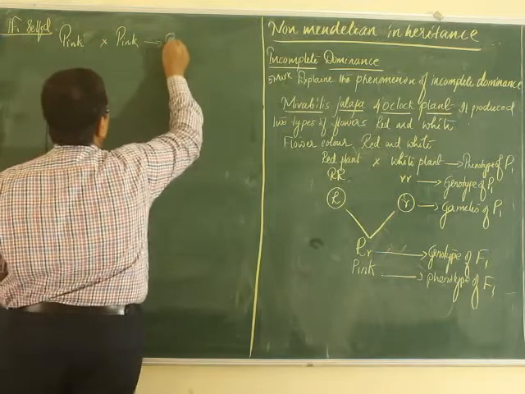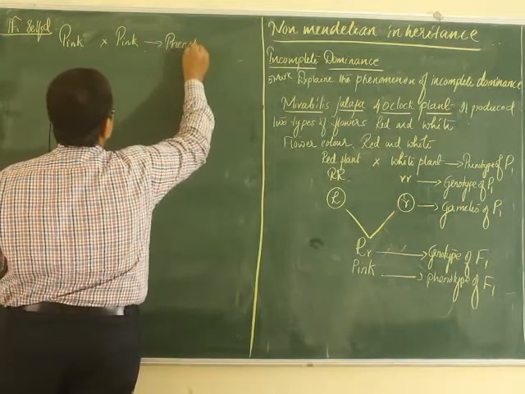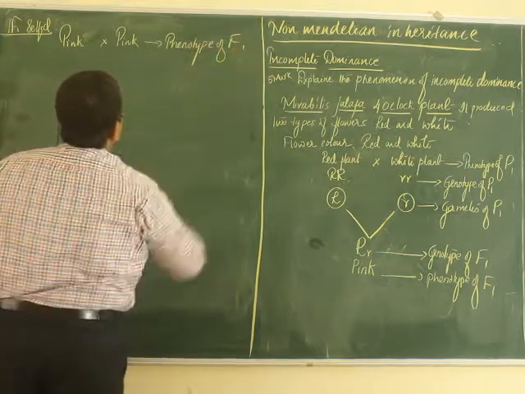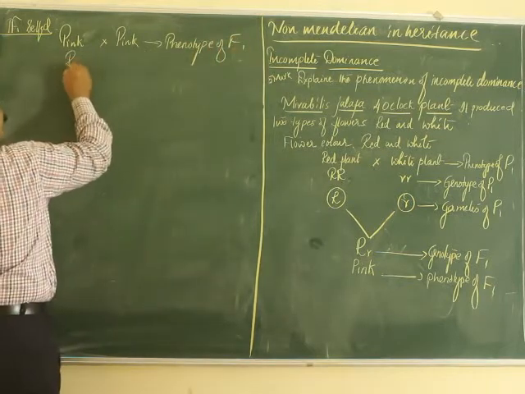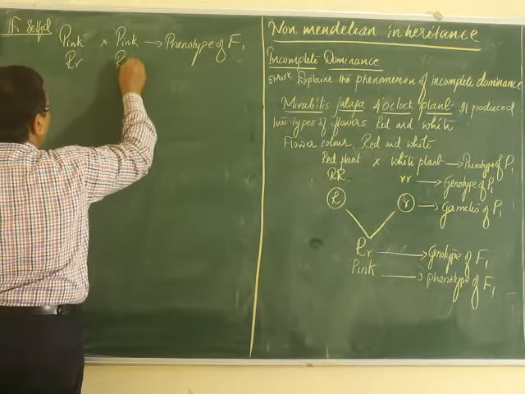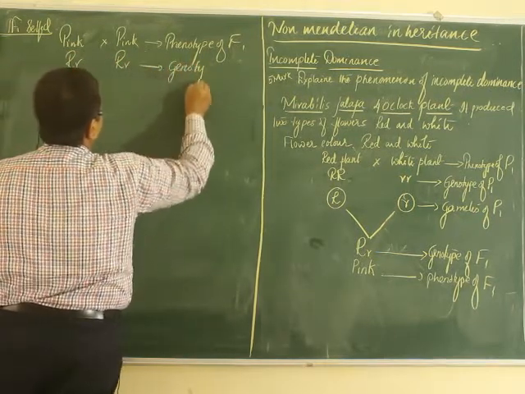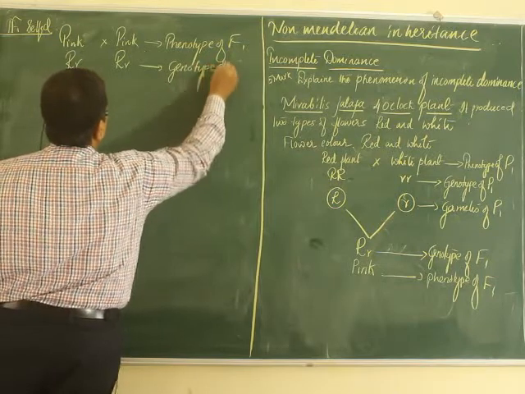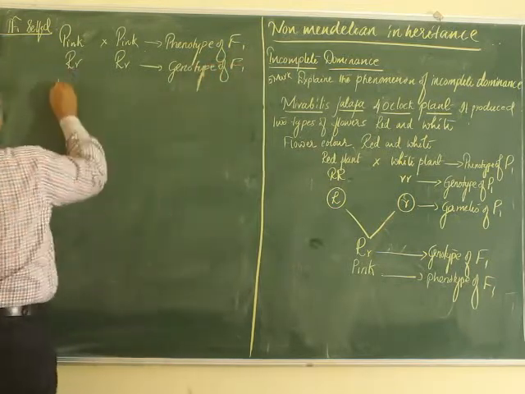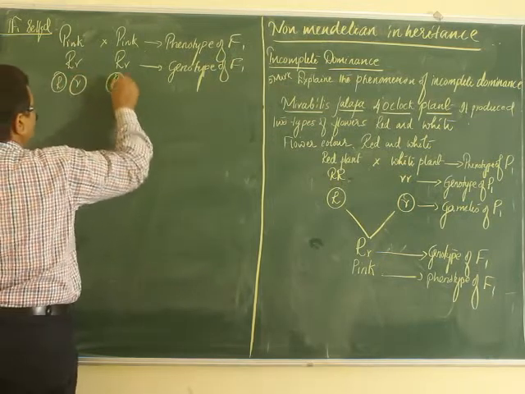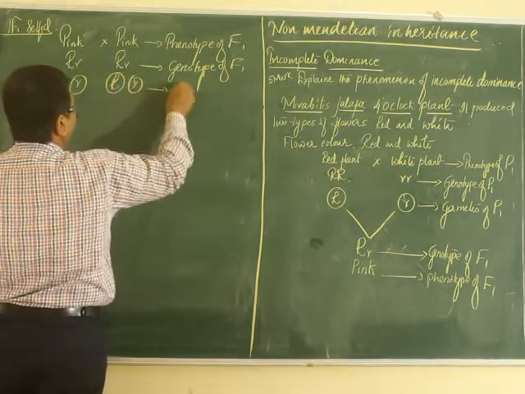This is the phenotype of F1. Capital R, small r, capital R, small r. Genotype of F1. Capital R, small r, capital R, small r. Gametes of F1.